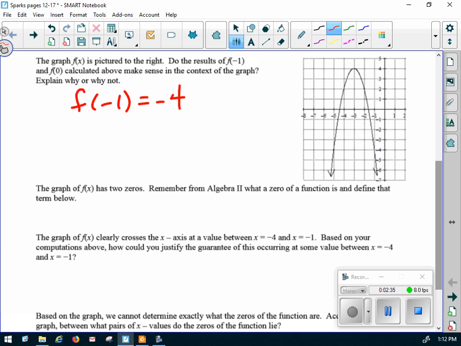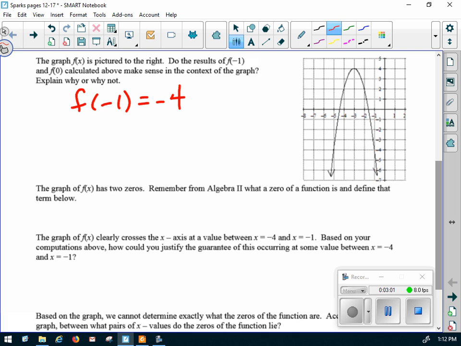Why does it make sense? What's a point? What are the coordinates? Because this says, when x is -1, y is -4. So the point (-1, -4) is on the curve.